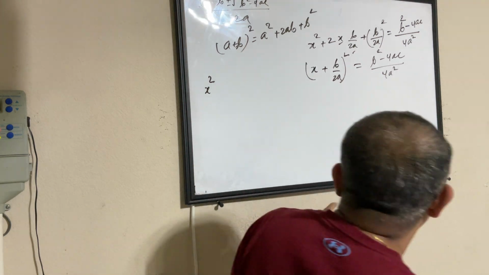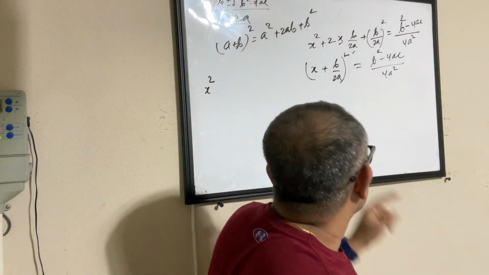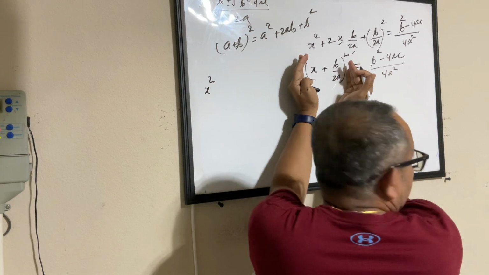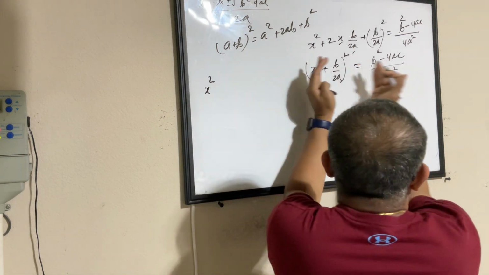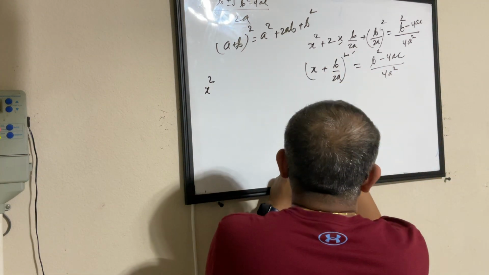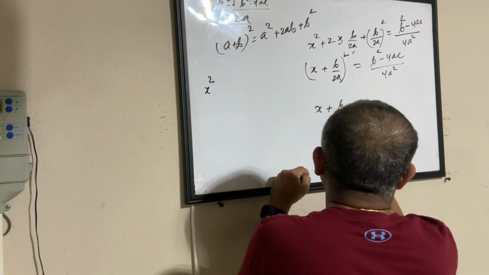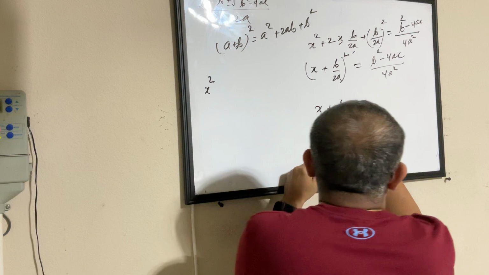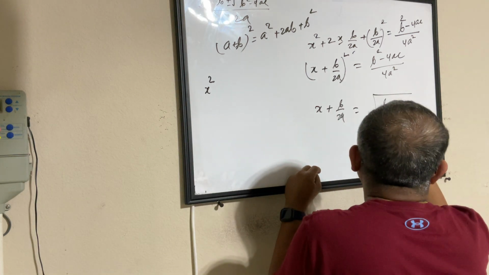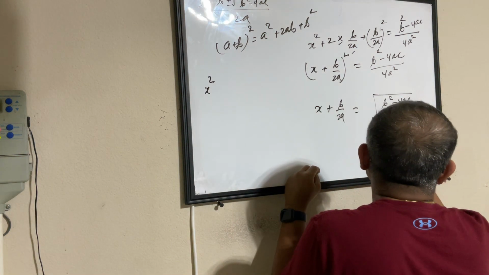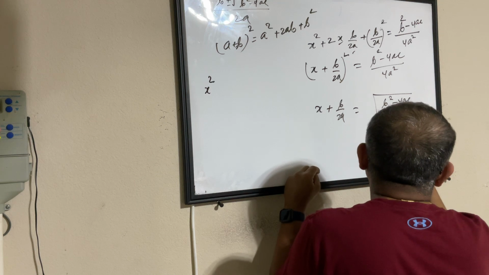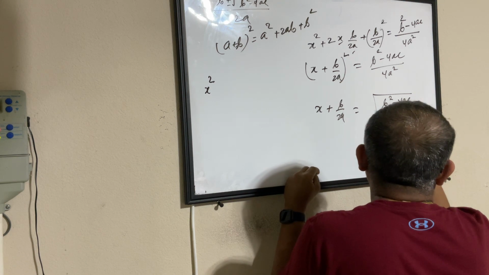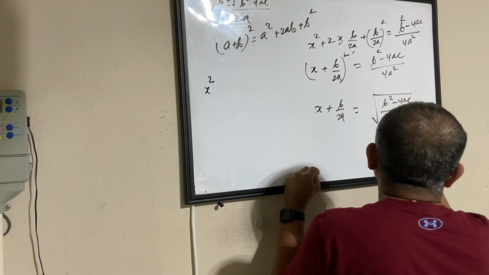Now we are getting serious. So if I have something square, this square equal to this, that means x plus b by 2a, if I do a square root on both sides, will be equal to square root of b squared minus 4ac by 4a squared, which is 2a whole square.